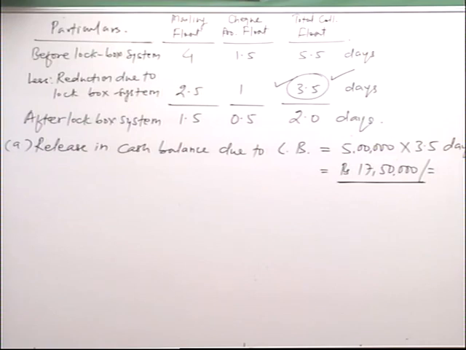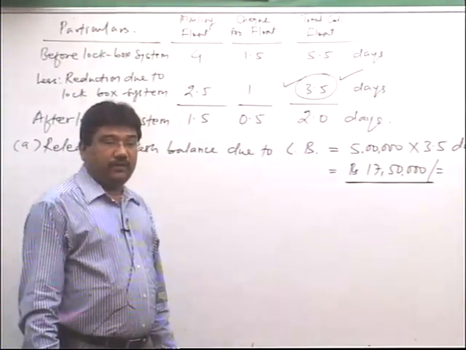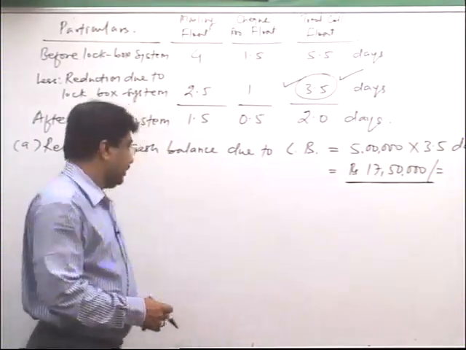Second question says that determine the opportunity cost of the present system if the rate of interest is 5%. Now opportunity cost of present system is equal to the benefit of lockbox system, both are same.